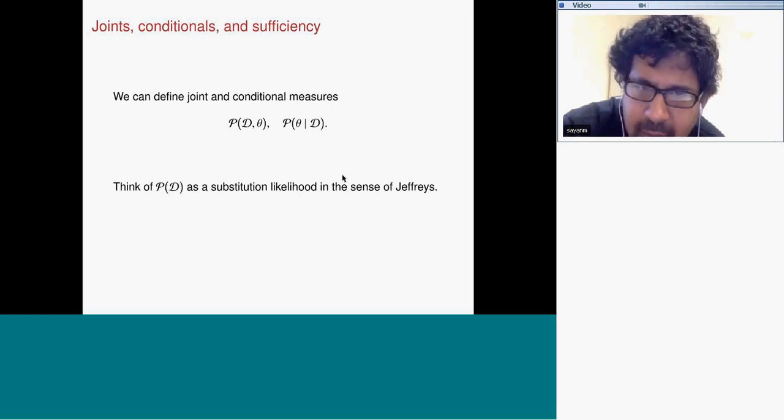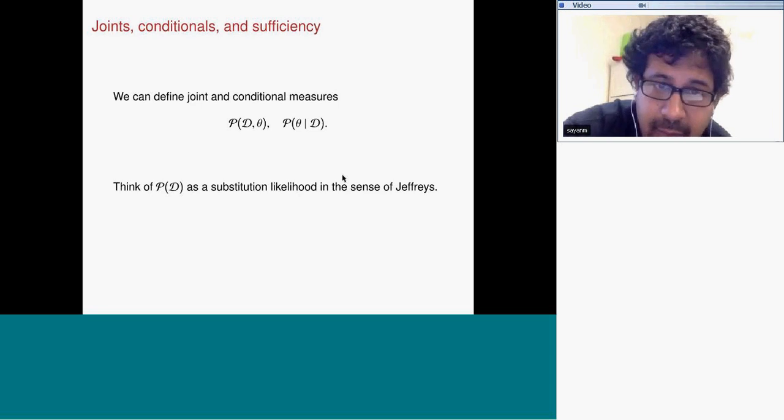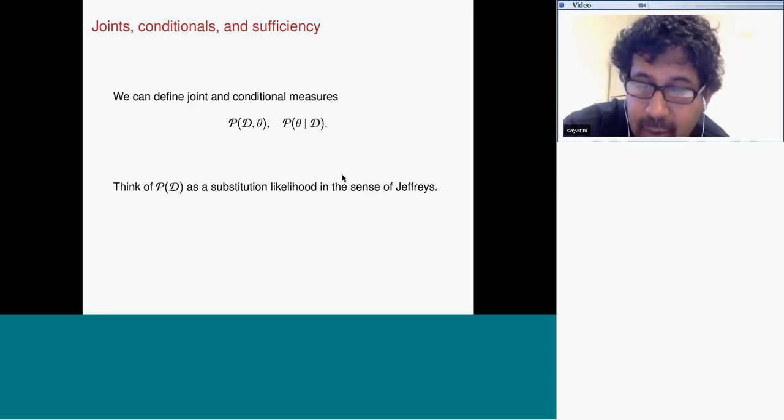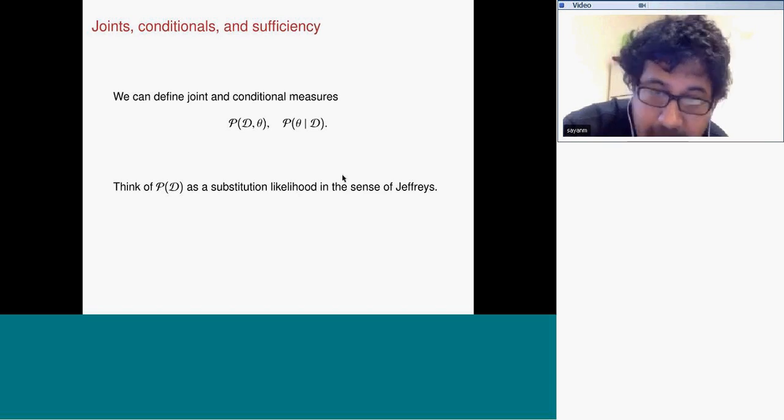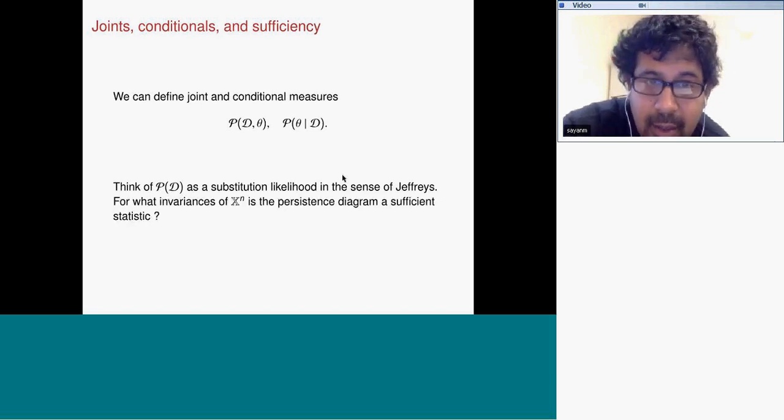Maybe instead of using the likelihood, we get something a bit more coarse, which is a distribution on these summaries. This idea is called a substitution likelihood, and it goes back to Jeffreys, who knew a lot about various types of inferences. We can come back to this.